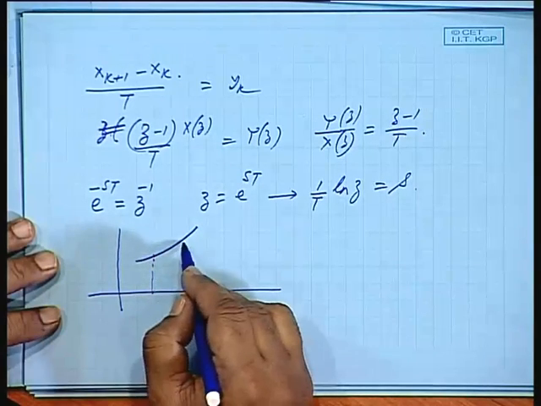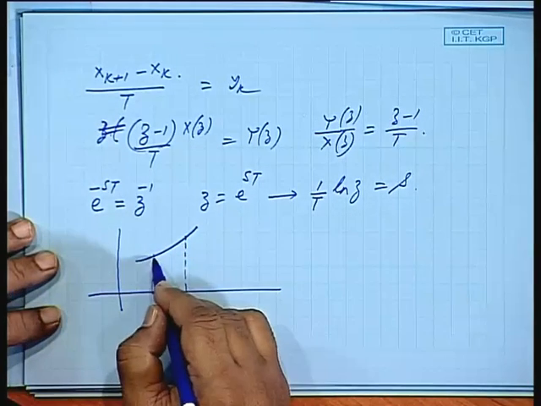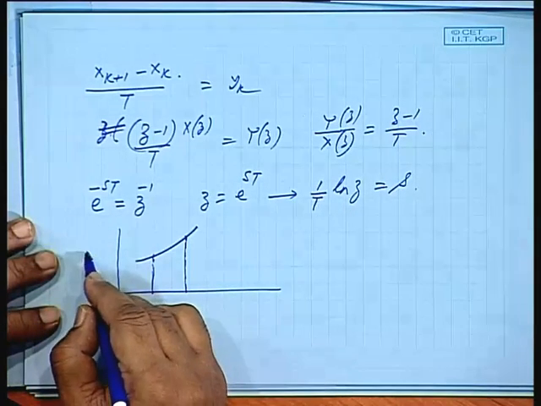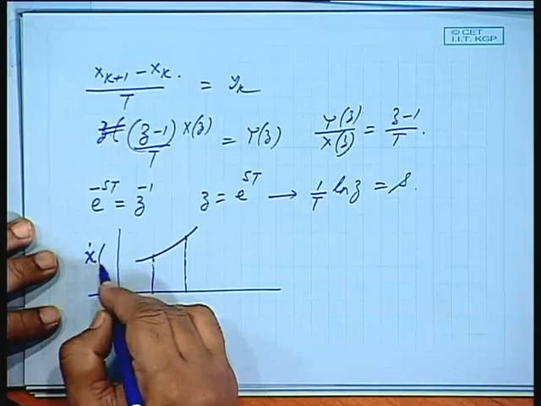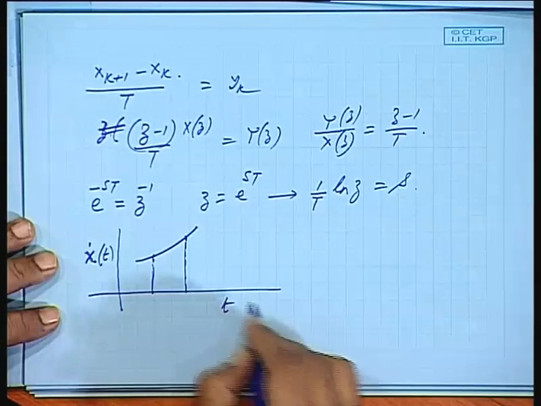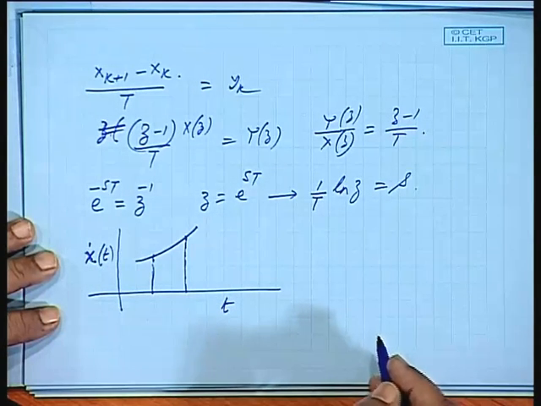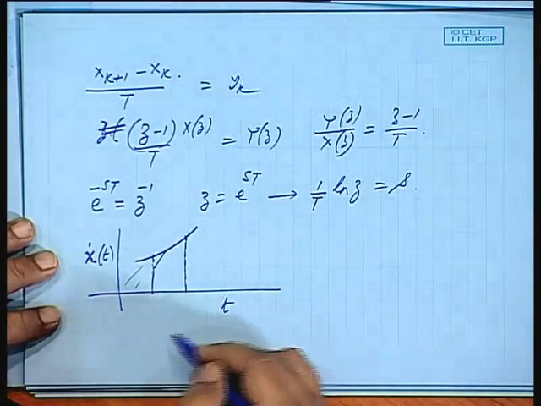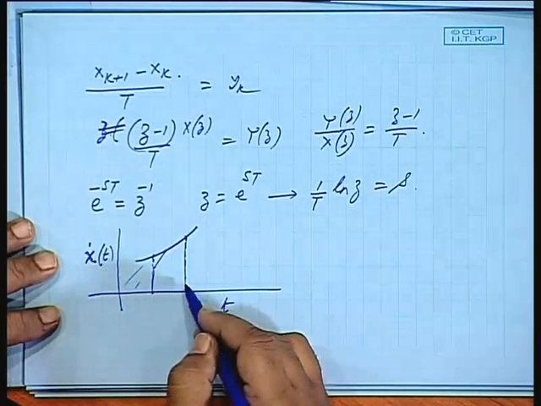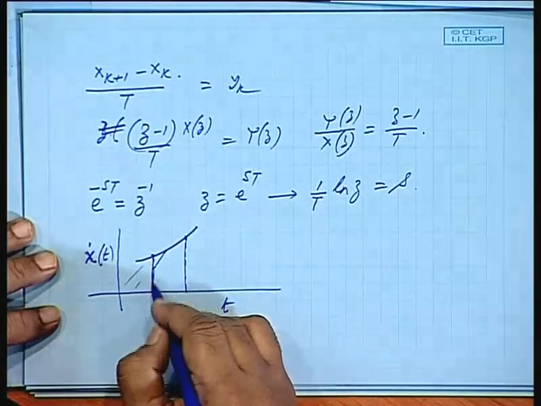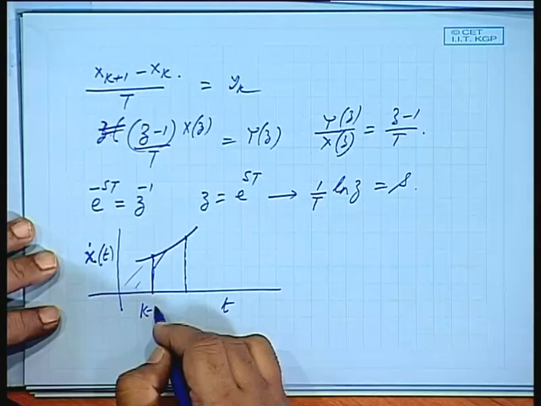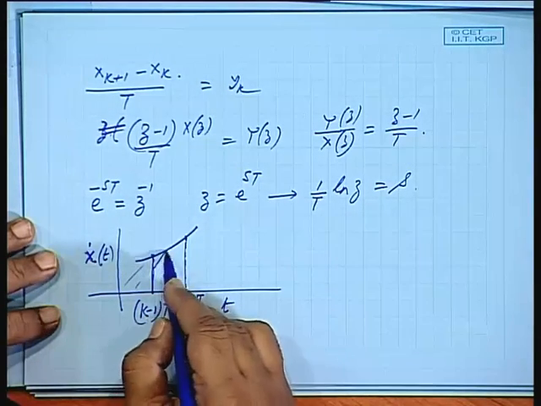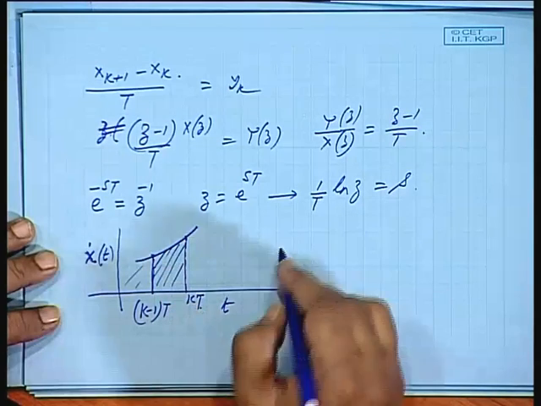Suppose we take this is a derivative of x, x dot t, and this is t. Okay. So, what will this area under the curve give me? It is x(t). Now, if I want to measure between (k minus 1)th instant to kth instant, this area, okay.